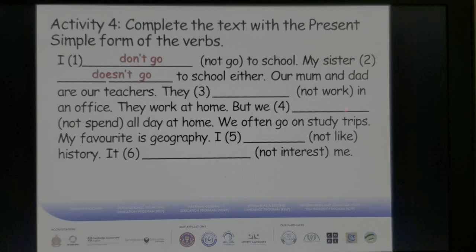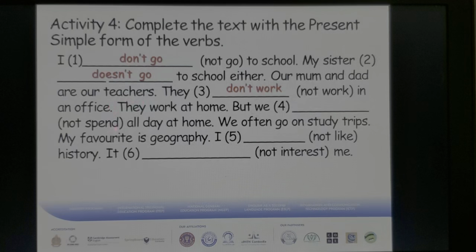Okay, next. Our mom and dad are our teachers. They not work again. So it is negative. Yeah, it is negative. So they what? They don't work. Yeah, subject they don't work. Negative. Yeah, I, you, we, they with do or don't plus verb infinitive.